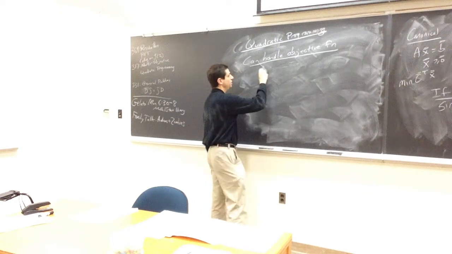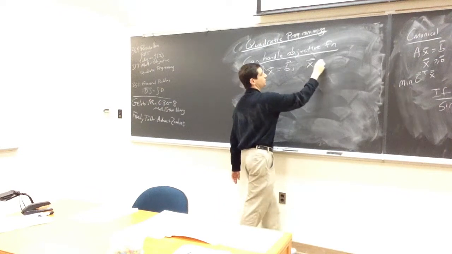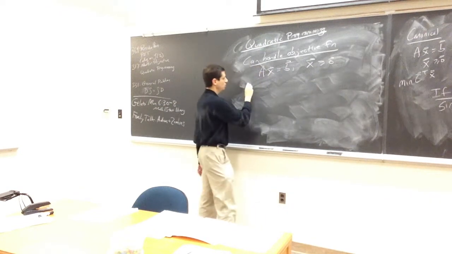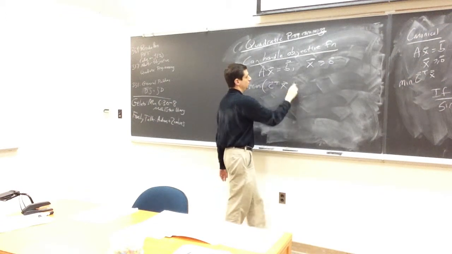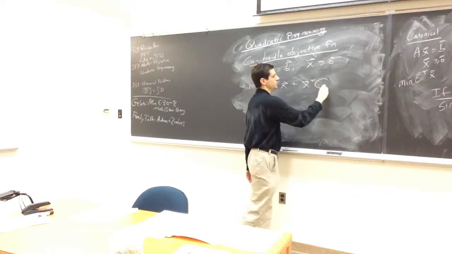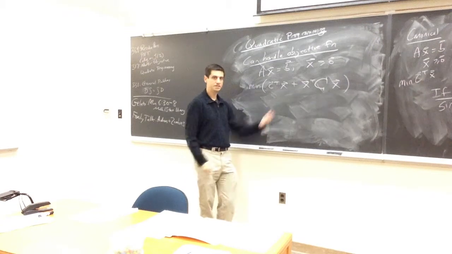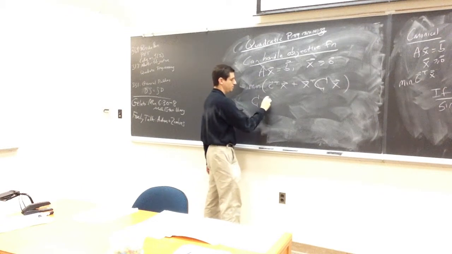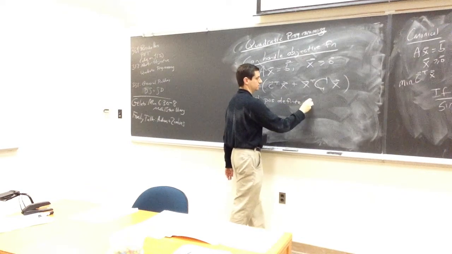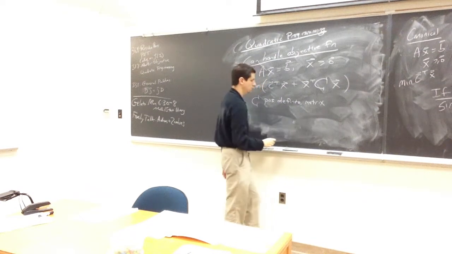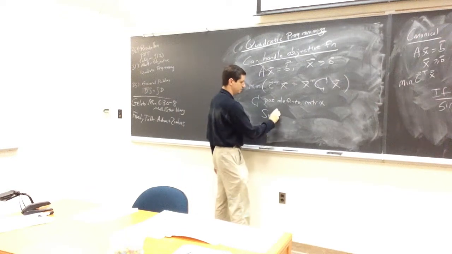So now we want Ax to equal b, we want x to be greater than or equal to 0, and now we want to minimize c transpose x plus x transpose C x. And C is a very special matrix. We want C to be a positive definite matrix. And it turns out in this case, the simplex method can be generalized.